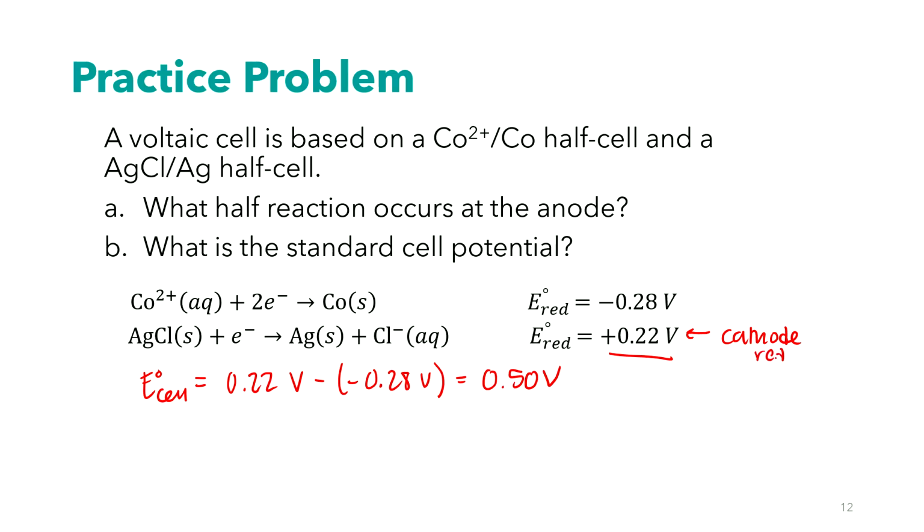So reduction is happening there. My cobalt is undergoing oxidation at the anode. So if I want to write out the actual reaction, it should be cobalt solid going to cobalt 2 plus plus 2 electrons.